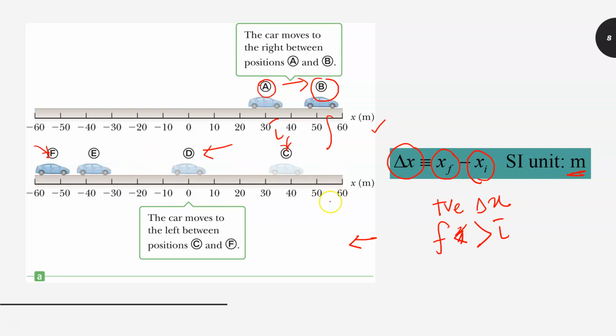In this case, you will get a negative value of delta x because the final value is much smaller than the initial value. So the value of delta x, which is the change in position, can be negative, positive or zero.